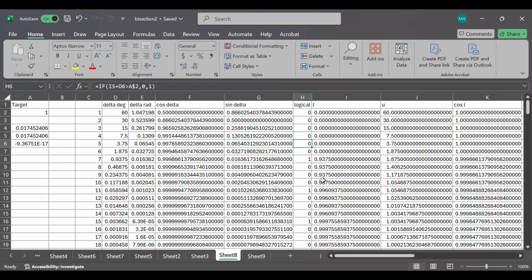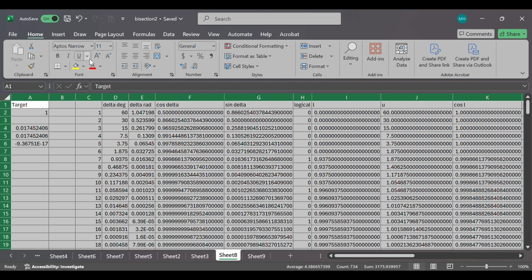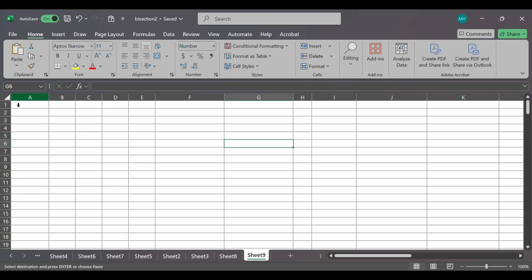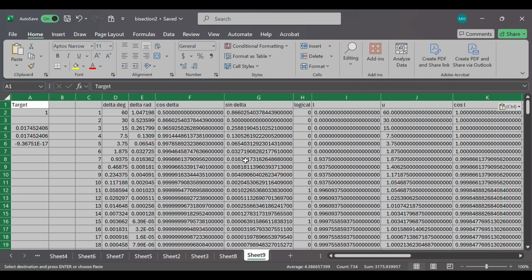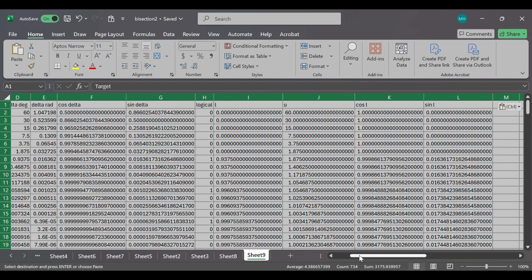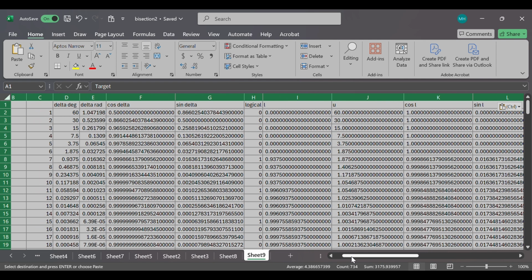So here's the spreadsheet, and we're just going to copy the entire spreadsheet into a new sheet so that we can modify this calculation. We're not going to change very much.